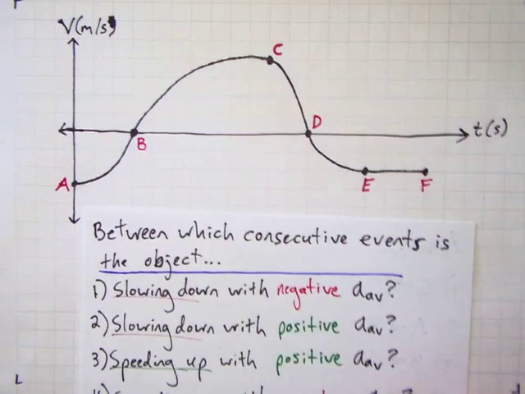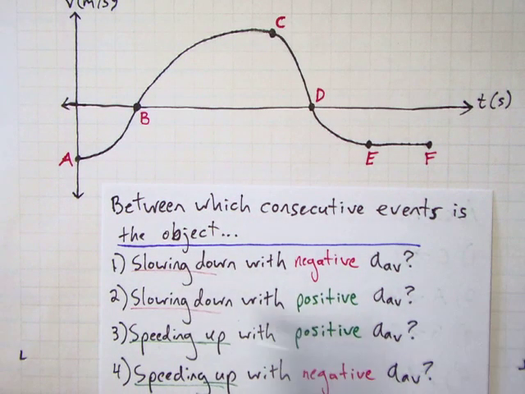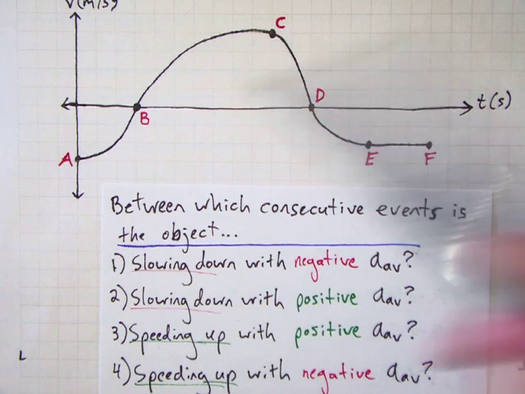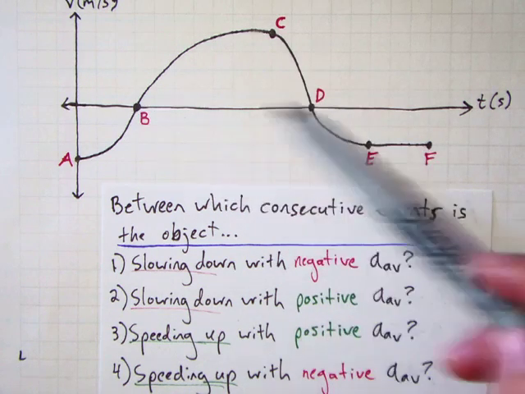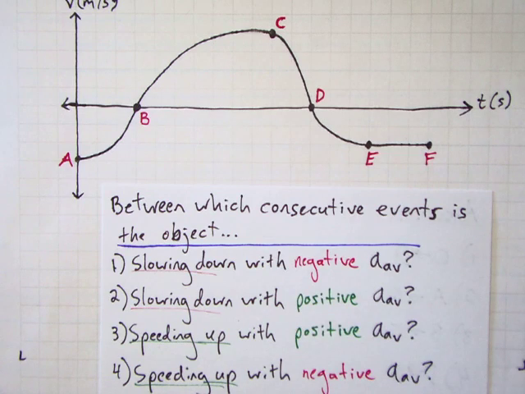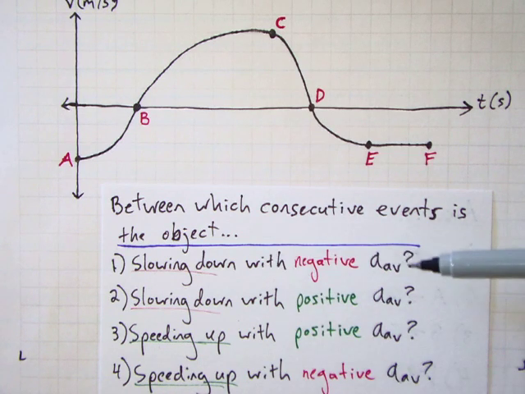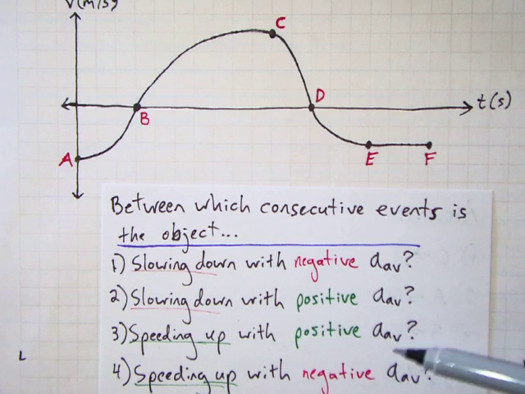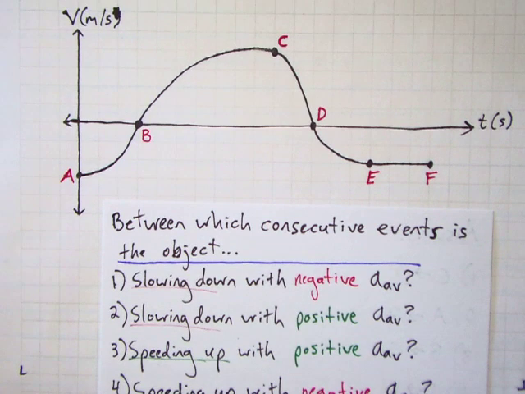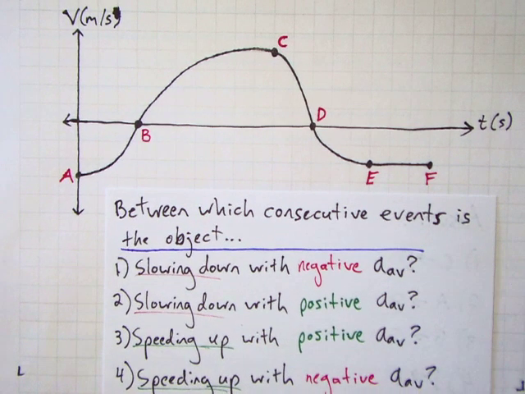Can you tell me between which consecutive events, B and C are consecutive events, but B and D are not, they do not come right after each other, is this object slowing down with a negative average acceleration, or slowing down with a positive average acceleration, and so on? Study that graph and tell me between which pairs of events the following are true. Pause the video for a moment.